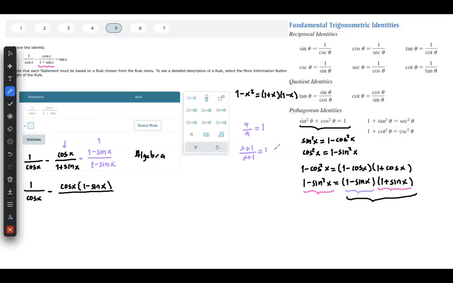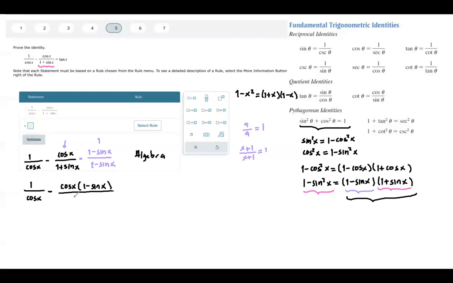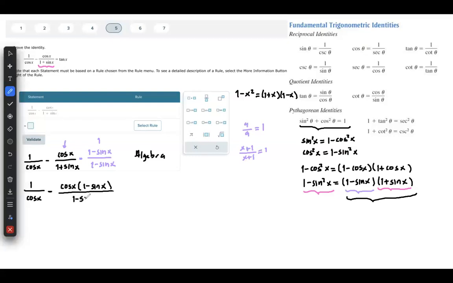If I multiply those two, I'm going to end up with 1 minus sine squared of x. What was my goal? 1 minus sine squared of x is an identity. This is, once again, just algebra.